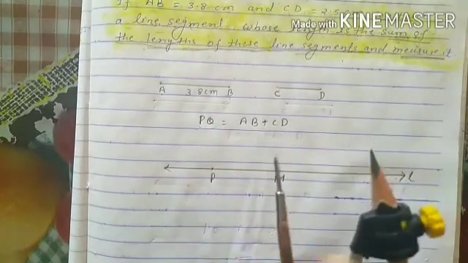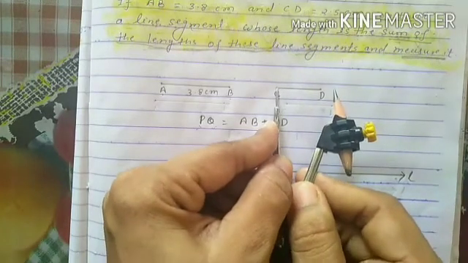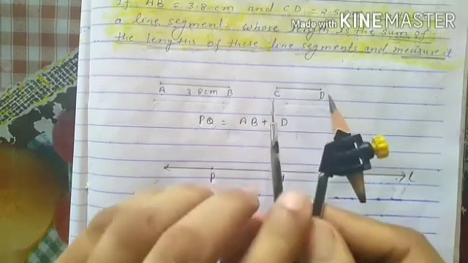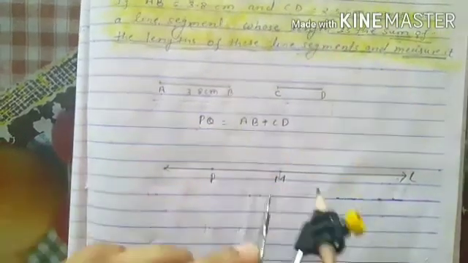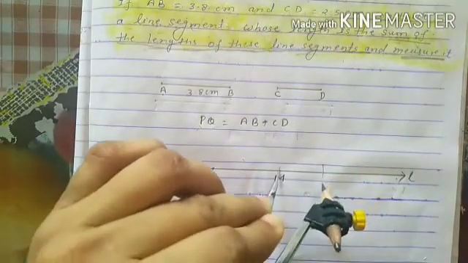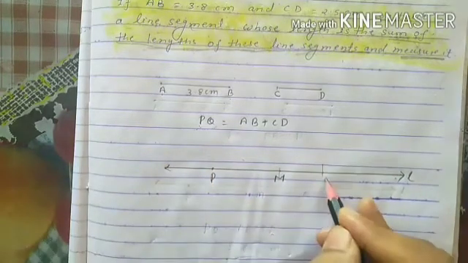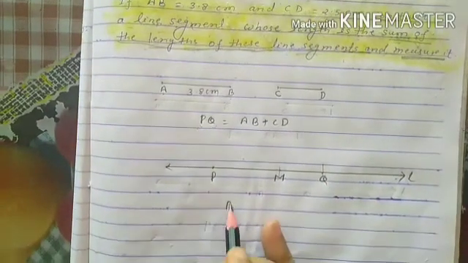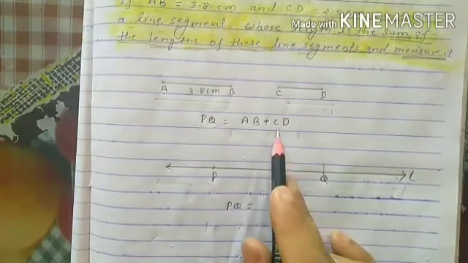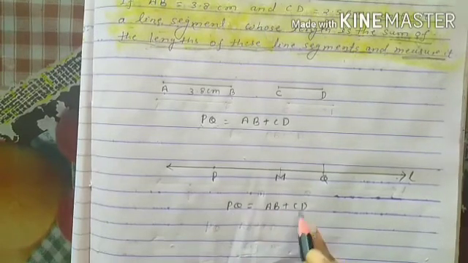Open the arms of the compasses, keep the metal point at point C and pencil point at point D. Without disturbing it, keep this point at M and draw an arc. Give this point the name Q. So PM is equal to AB and MQ is equal to CD. So PQ is equal to AB plus CD.